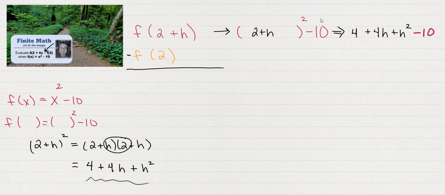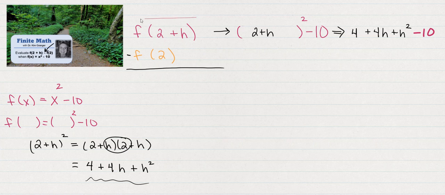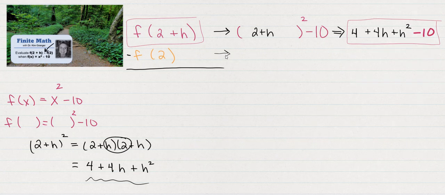So hopefully that feels comfortable for you. What I have here, let me draw a box around it. What I have here is f of 2 plus h. This 4 plus 4h plus h squared minus 10 is the f of 2 plus h. And now if I do f of 2, that's going to be the something squared minus 10.